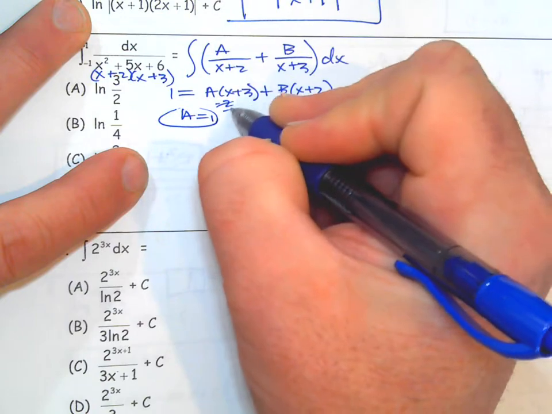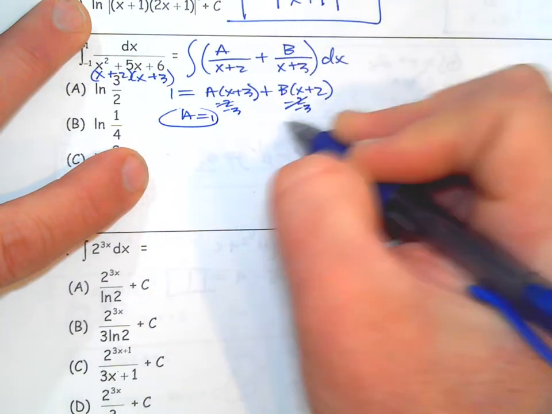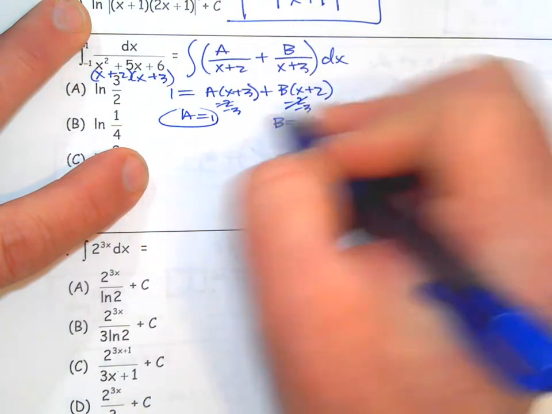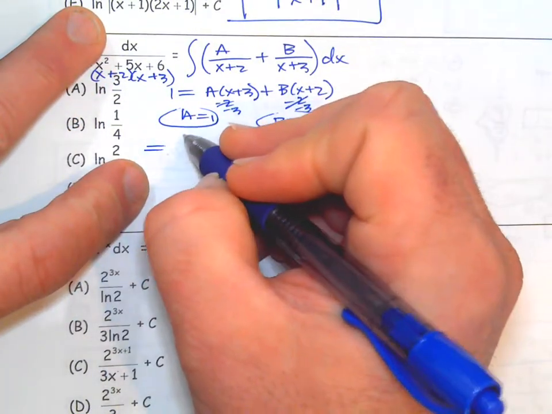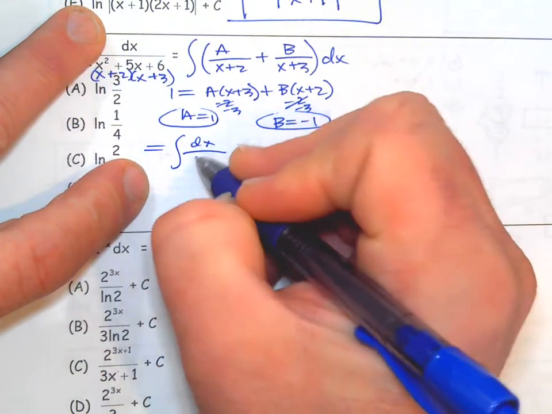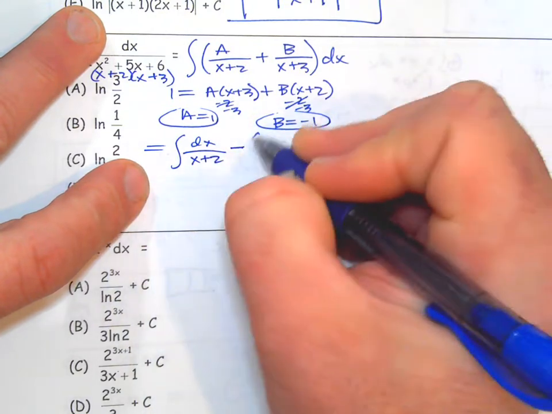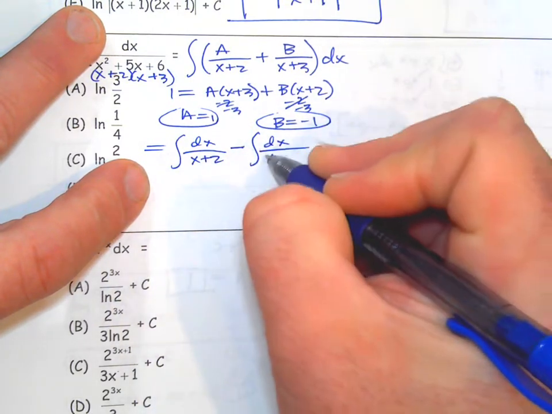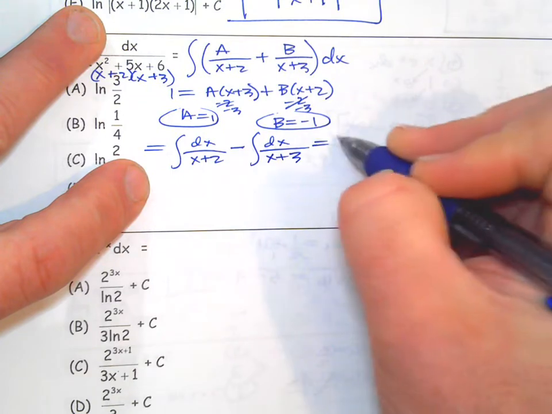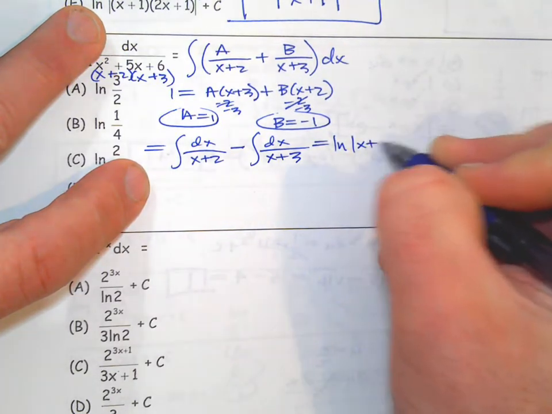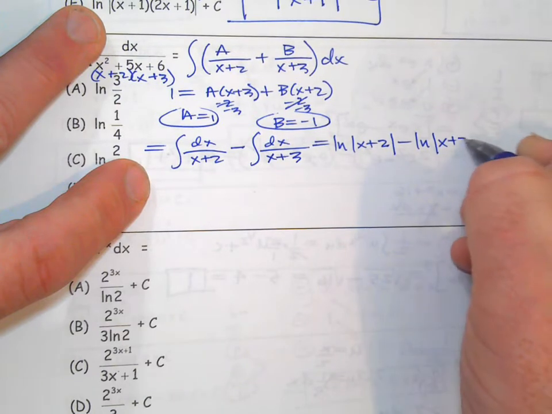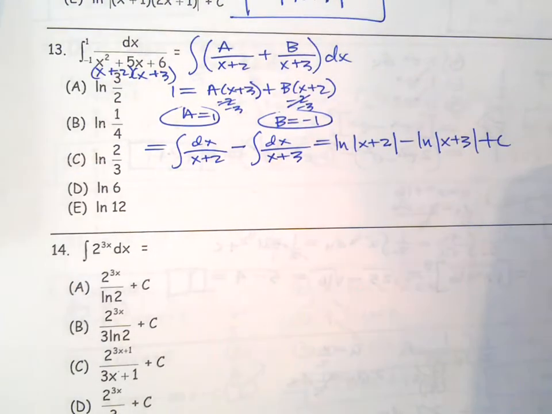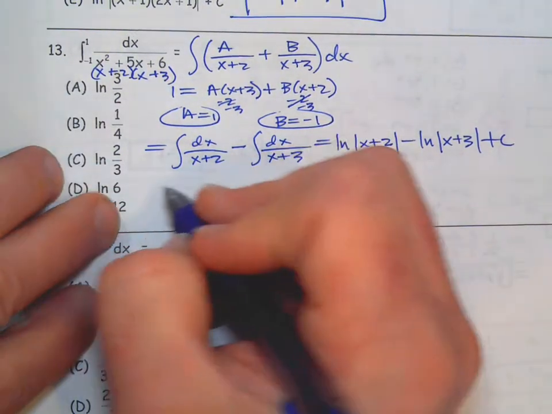Plug in negative 3, B equals negative 1. Rewrite it. dx over x plus 2 minus dx over x plus 3. Natural log the absolute value of x plus 2 minus natural log the absolute value of x plus 3 plus c. Probably use log rules.